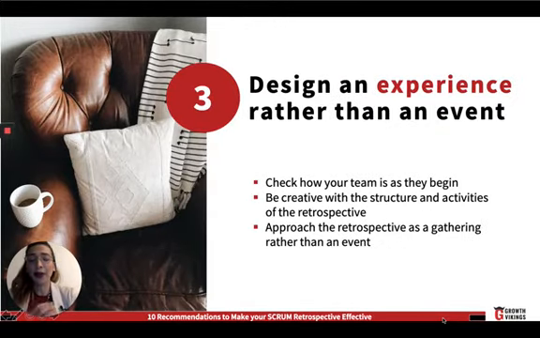The third recommendation is to design an experience rather than an event. Your team members have busy agendas. They are human beings that humbly are coming to your retrospective to admit that they must keep improving. Hence, make the retrospective more of a gathering rather than an event.